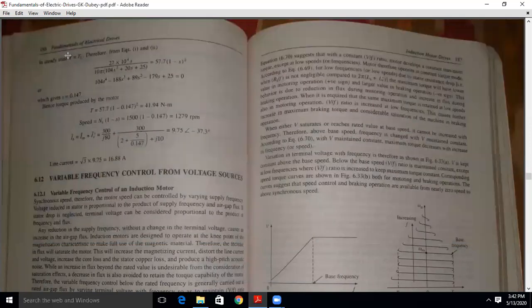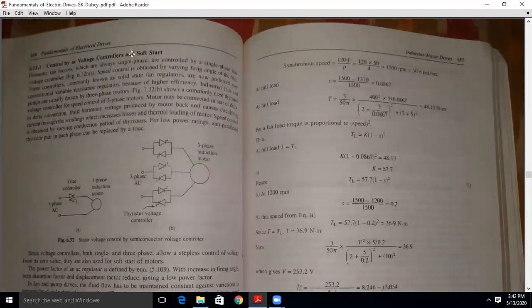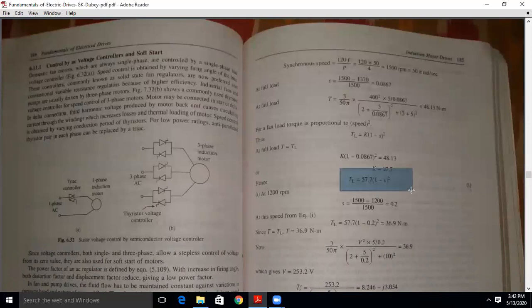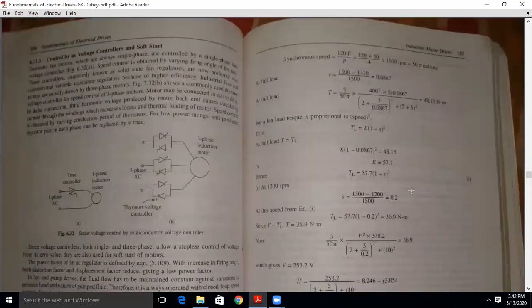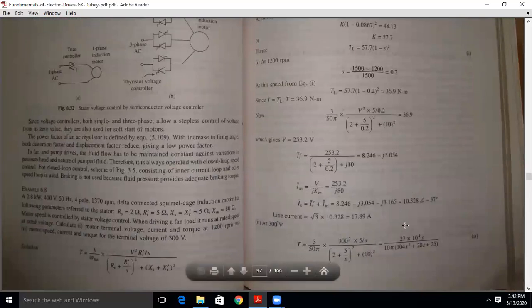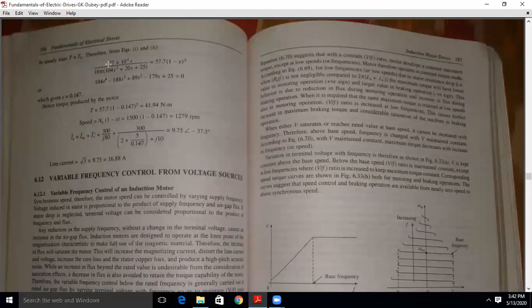In steady state, put the condition T is equal to TL, therefore from equations 1 and 2. Equation 1 is TL equal to 57.7 (1 minus S) square, and equation 2 is the T equation with V equal to 300.